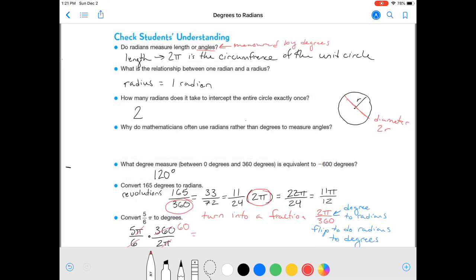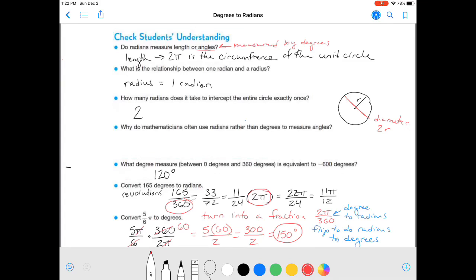So we're going to have 5 times 60 over 2. 5 times 60 equals 300. So we're going to have 300 over 2. And 300 divided by 2 is 150. So 5/6 pi equals 150 degrees.